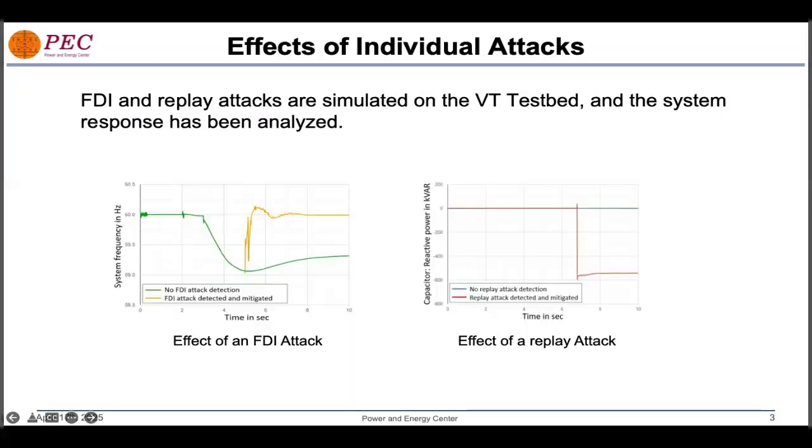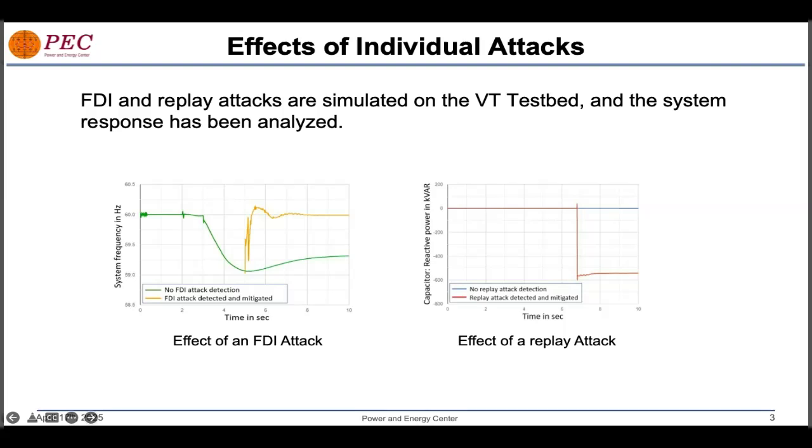So in this project, we consider two types of individual cyber attacks. One of them is a false data injection, or FDI, which means that the attacker would try to falsify the data and inject those falsified data into the system.